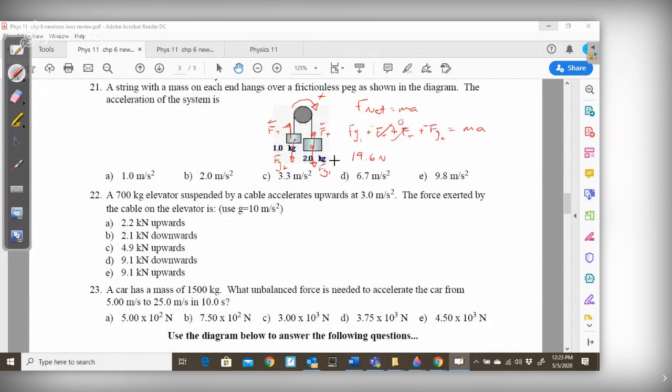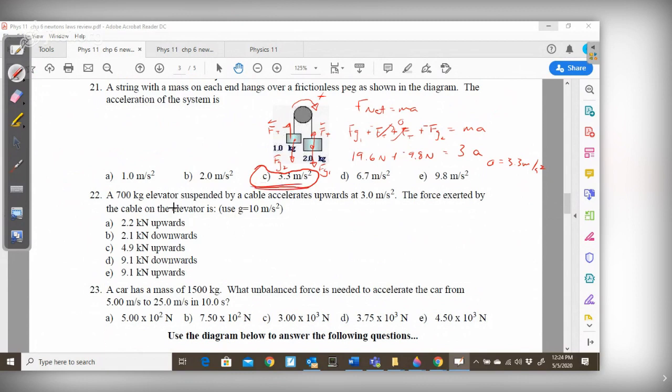We have 1 times 9.8, so it's a negative 9.8 newtons. And that's a total of 3 kilograms times our acceleration. So 19.6 plus a negative 9.8 is 9.8. We'll divide that by our 3, and we get 3.3 meters per second squared. The answer is going to be our C.